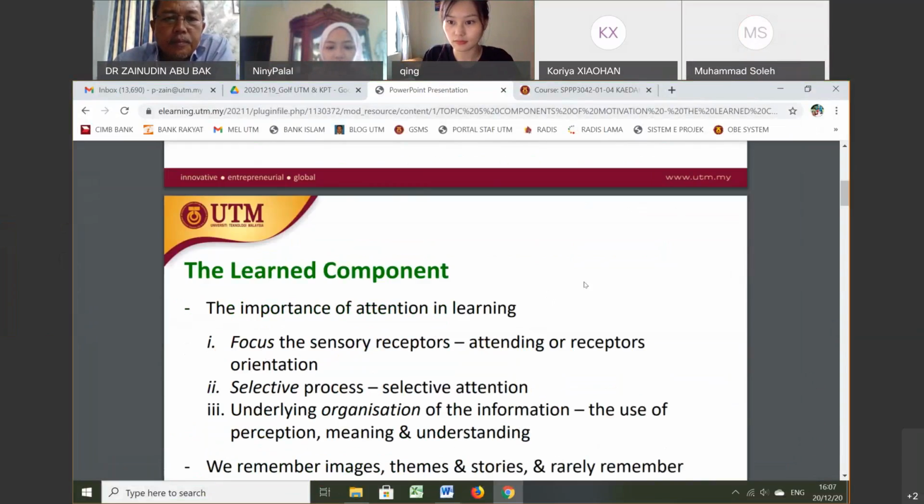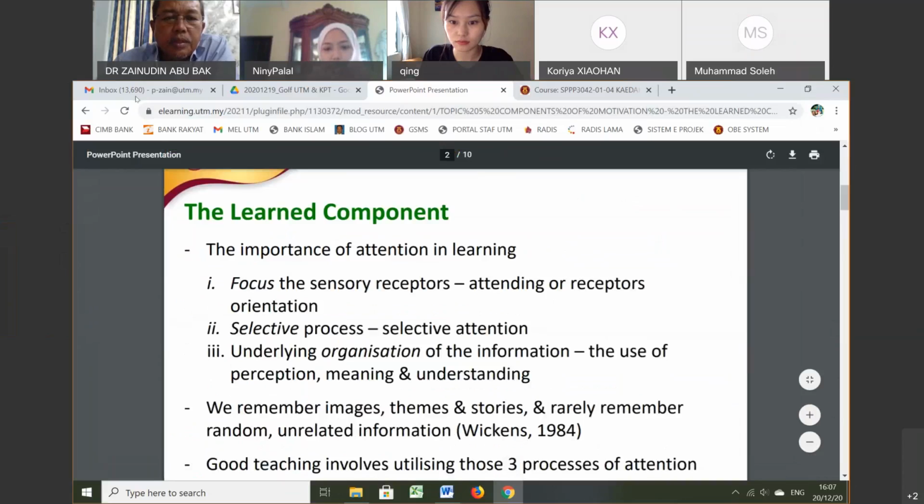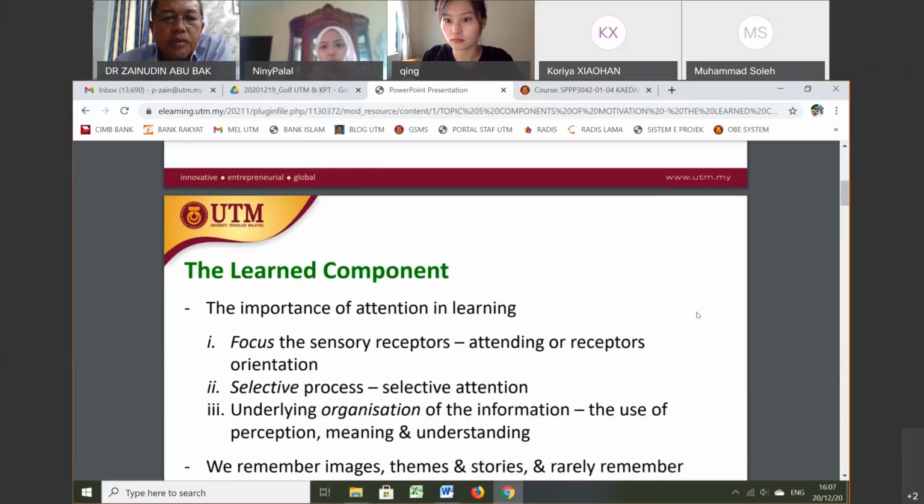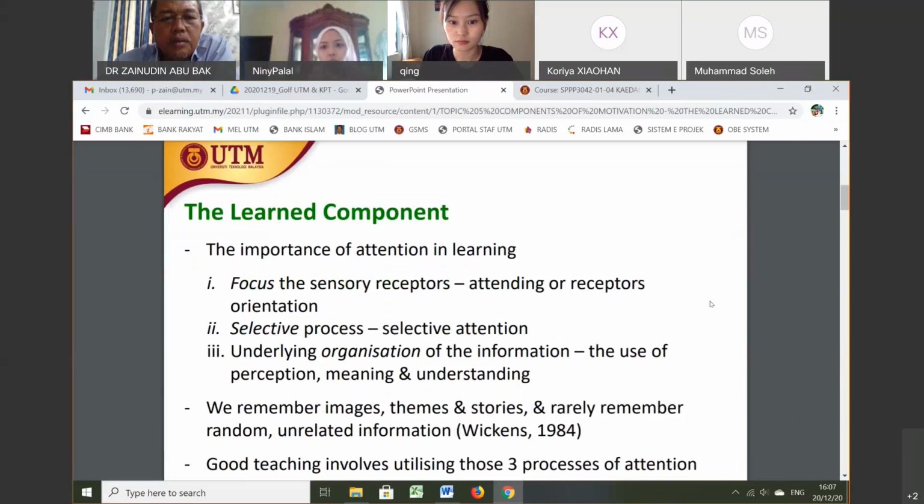Now, I think it is quite similar to the other components, the biological component and the cognitive component. If we look at the learn component, it mentions the importance of attention in learning. A very simple example: in order to learn something, or to understand certain things, we need to pay attention.